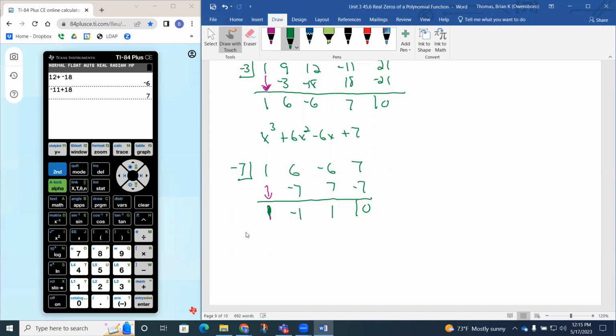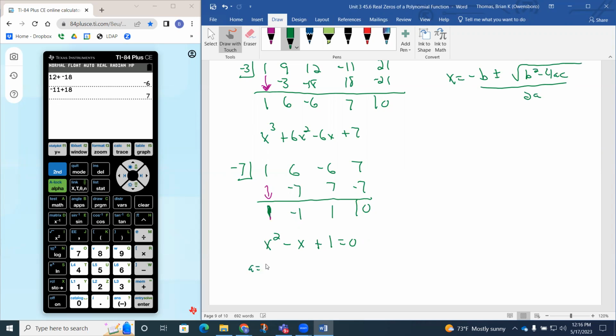So what we're left with is, since this is a degree 3, this is going to now be a degree 2, so x squared minus 1x plus 1 is equal to 0. So we now have to solve this. It doesn't look like it's factorable, so I need to use the quadratic formula on this. So we're going to use x equals the opposite of b plus or minus the square root of b squared minus 4ac all over 2 times a.